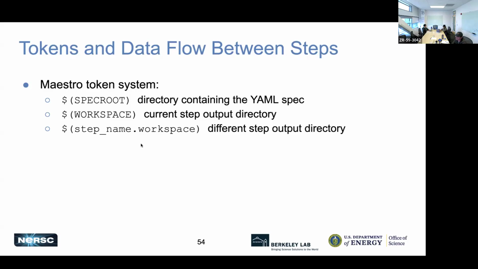And so that's how you can do things like, my input is supposed to be in this other location, I have a configuration file that was from this other location, or I am writing a side output for future use in a different step to this other location.